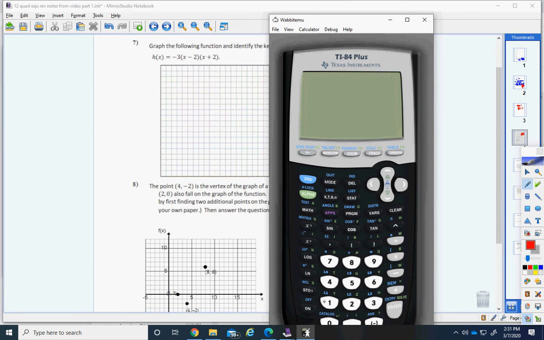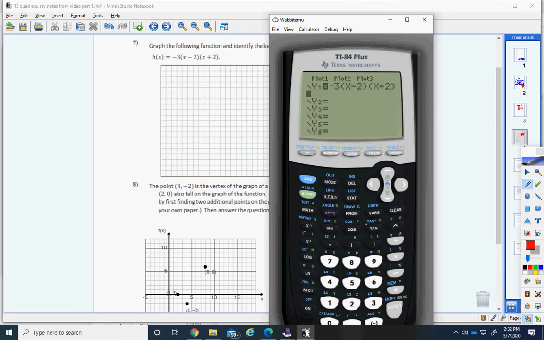If I enter the original expression as it was given in factored form, I type in -3 times (x minus 2) times (x plus 2).